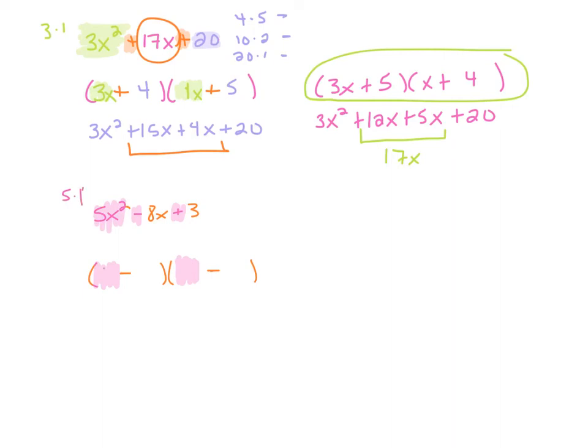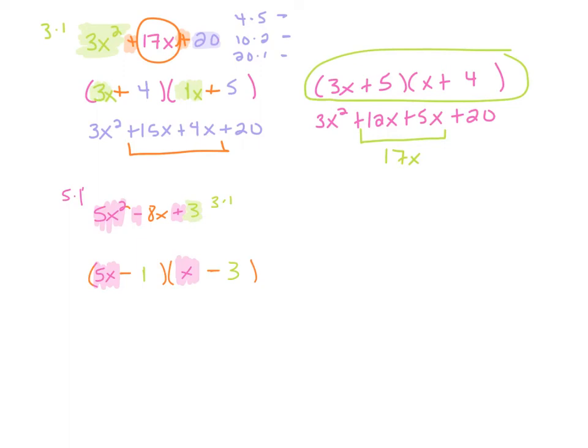So one will be a 5x, and the other will just be x. And then for the 3 in the back there, again, we've only got one option. 3 times 1. So we'll go ahead and we'll put the 1 here and the 3 here.